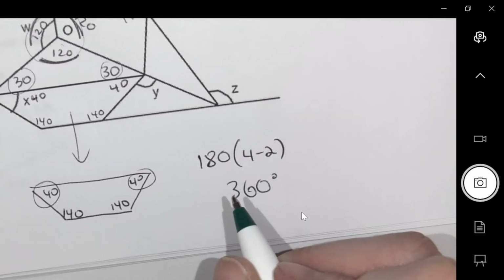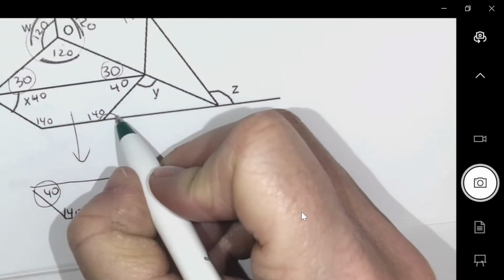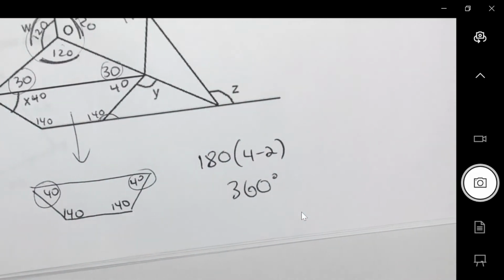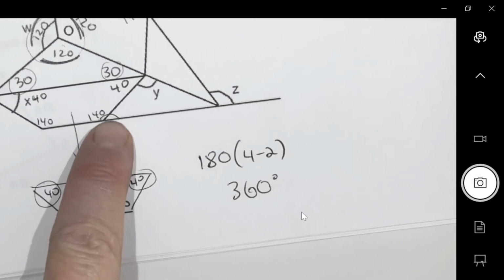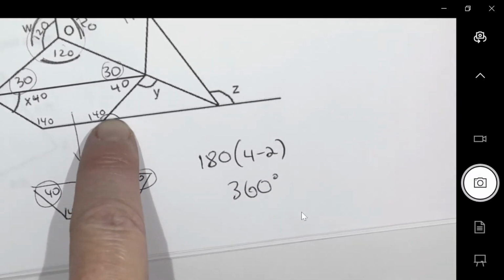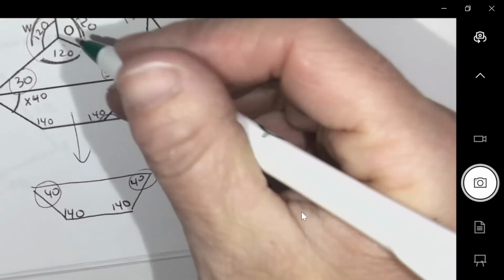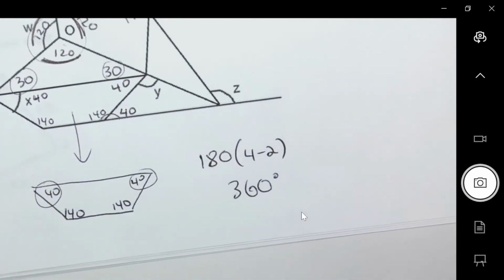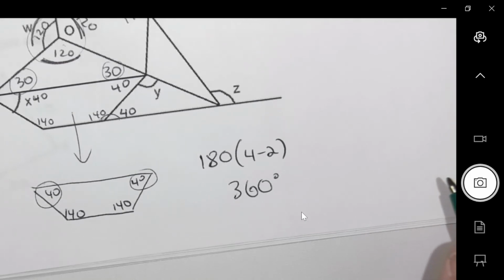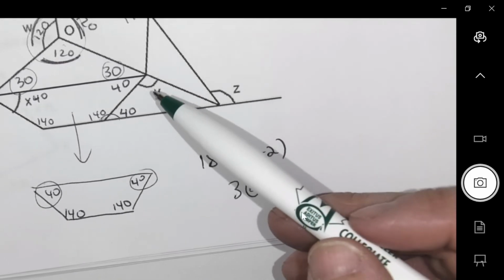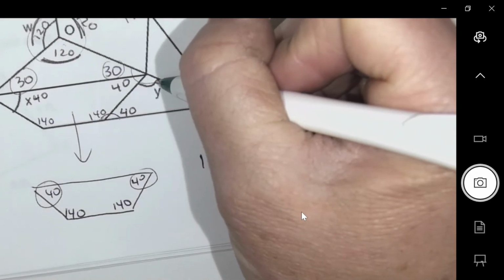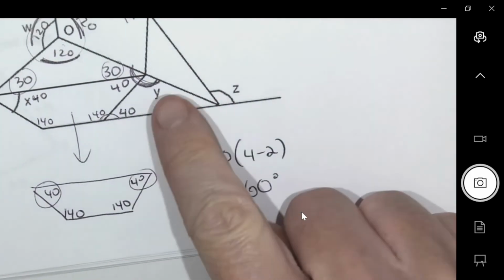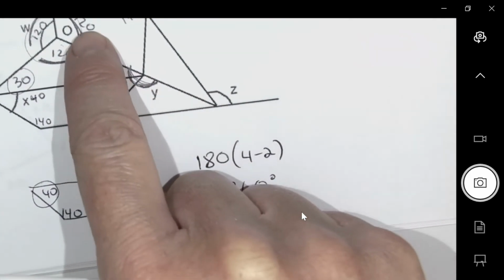Okay, can you get me this angle right here? You can get that angle. So there's 40 there. Can you get me y because of this? Right, there's a whole straight line there.